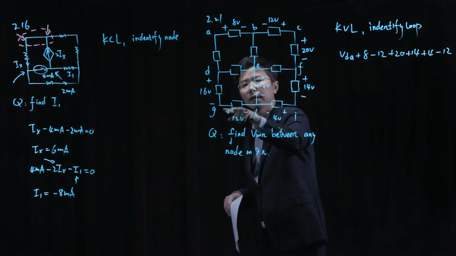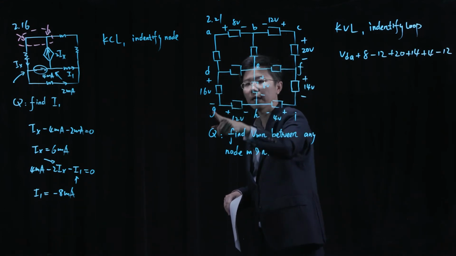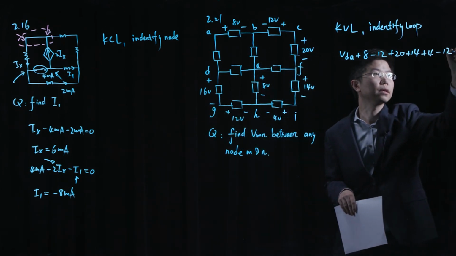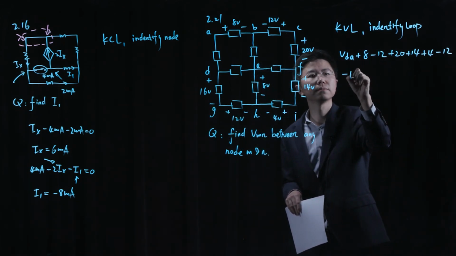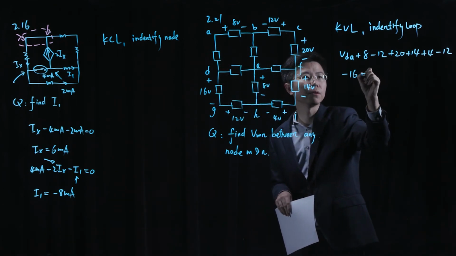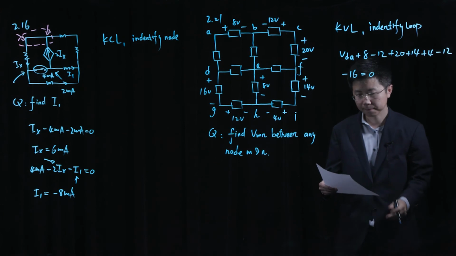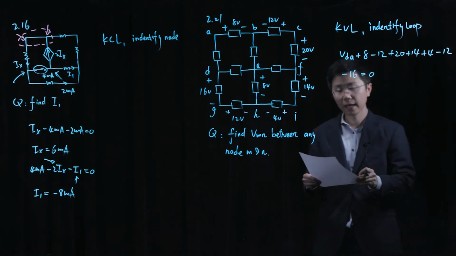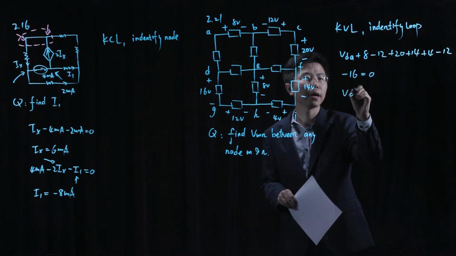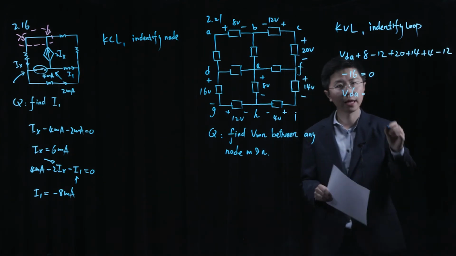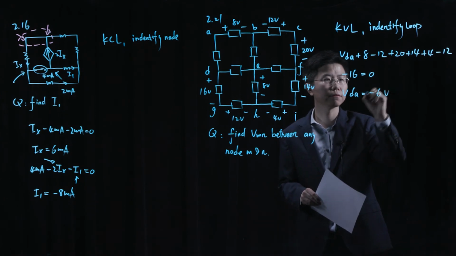And again, GD voltage: we encounter the negative first, so this is negative, I'll write it here, -16. And we finish our loop. Adding this together, our result will be -6 volt.